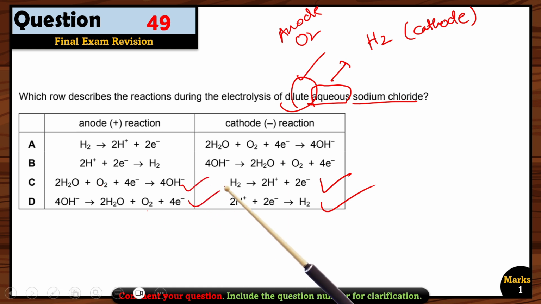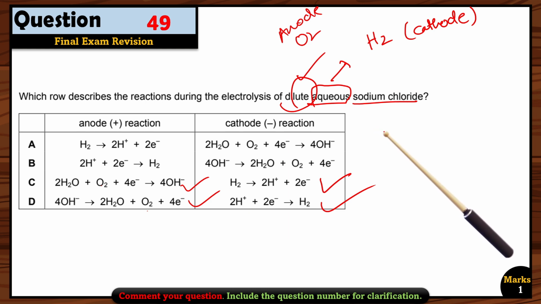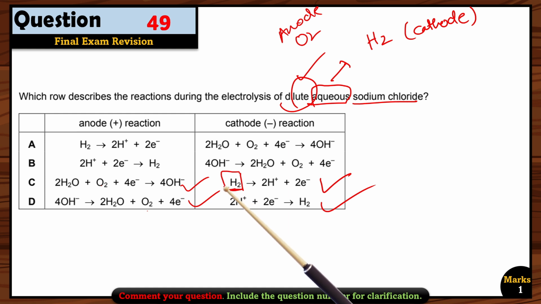Now let's see which equation is actually right. At the cathode, reduction takes place. Remember that when reduction takes place, electrons we have to write in the reactants. Let's see this one. This is hydrogen gas, and first of all that's wrong. Why is hydrogen gas at the cathode in the reactants?